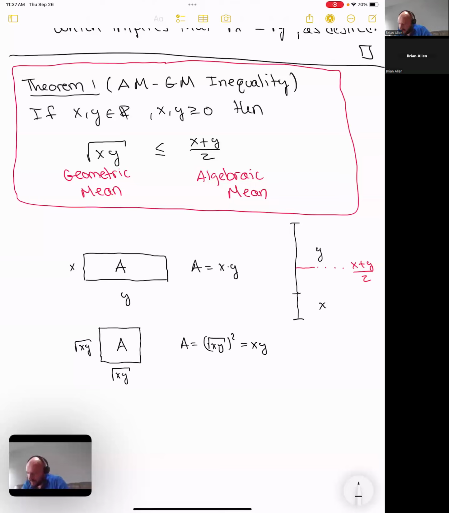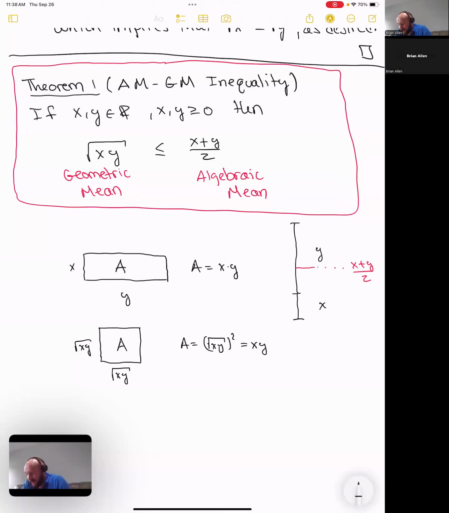So the point is they have the same area, but in some sense I call it a mean or an average because now I've formed it into a square. I forced both sides to be the same. Okay, and so that just gives you some visual interpretation of algebraic mean and geometric mean.